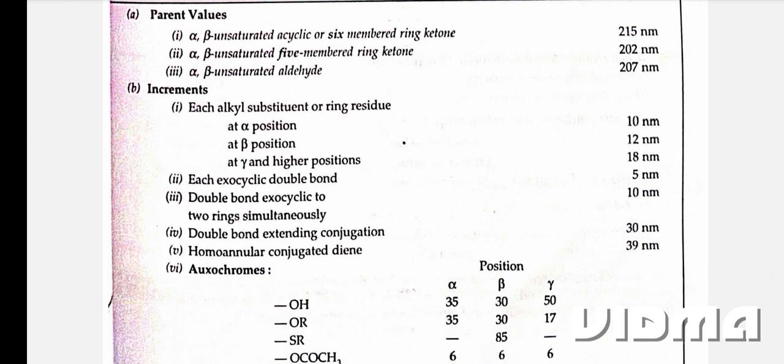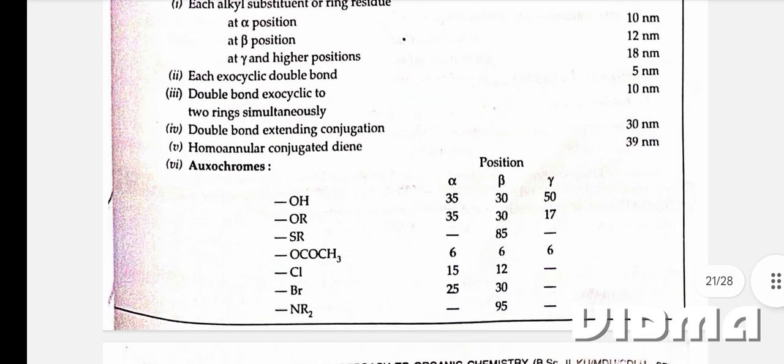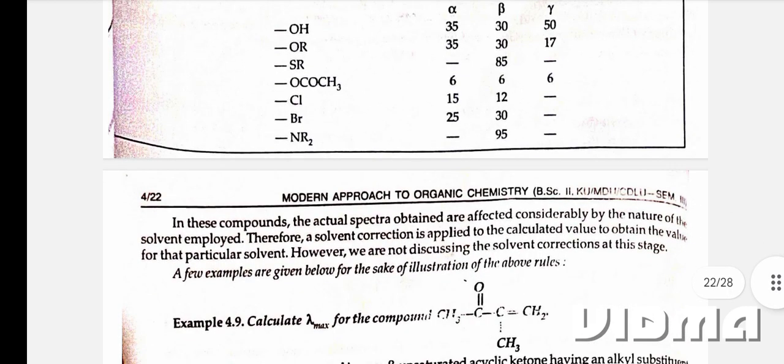Increments: each alkyl substituent or ring residue at alpha position 10 nanometer, beta position 12 nanometer, gamma and higher positions 18 nanometer. Each exocyclic double bond 5 nanometer, double bond exocyclic to 2 rings simultaneously 10 nanometer, double bond extending conjugation 30 nanometer, homoannular conjugated diene 39 nanometer.